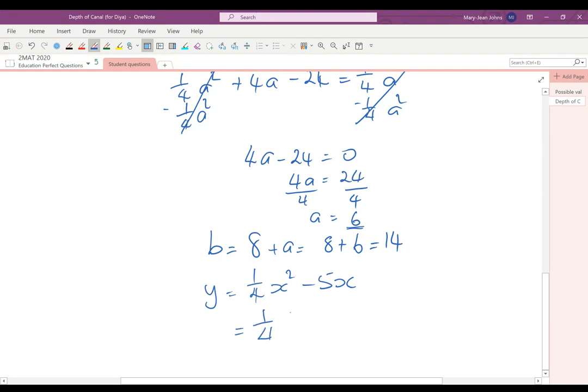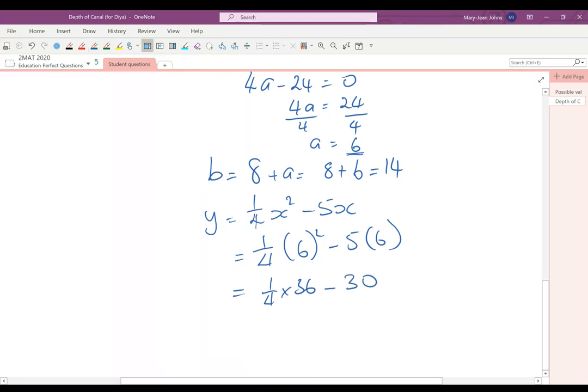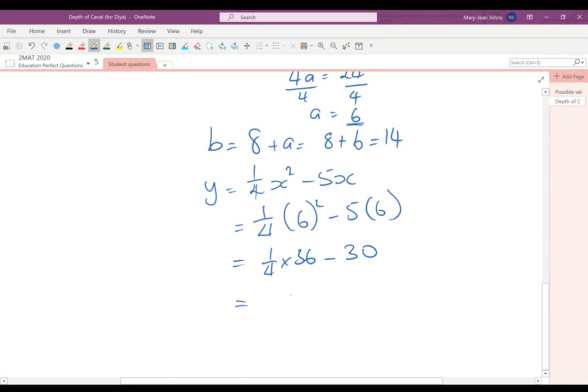So 1 quarter times 6 squared minus 5 times 6 is 1 quarter times 36 minus 30. 1 quarter of 36 is 9, minus 30 is minus 21.